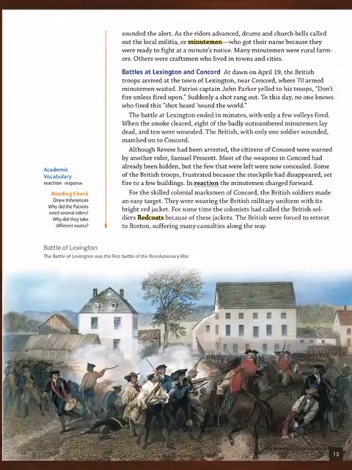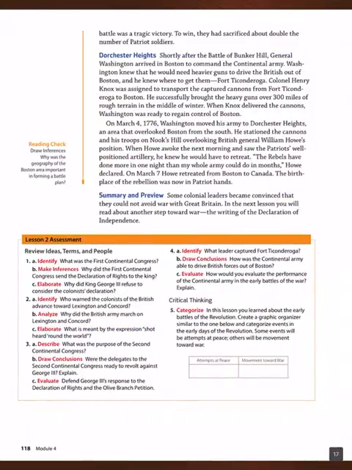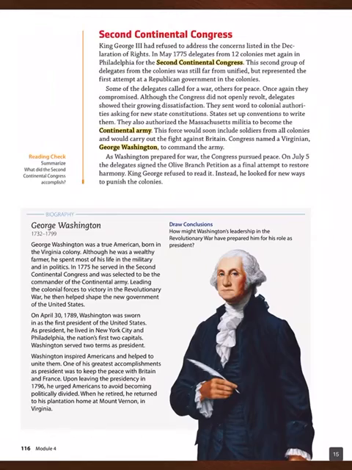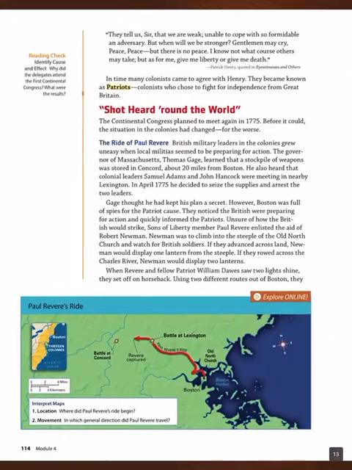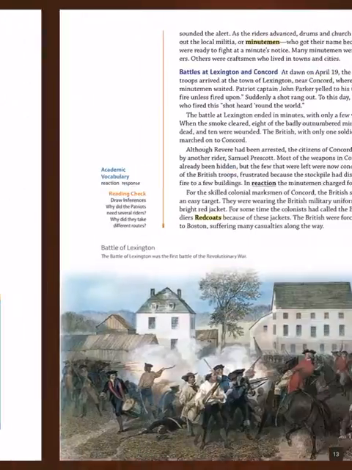Again, I want you to read through Lesson 2. It's about a couple of pages, but I want you to actually read it so you can learn how the war itself began. The events on the Road to Revolution storyboard are what led to a war, but how did the actual war officially begin?